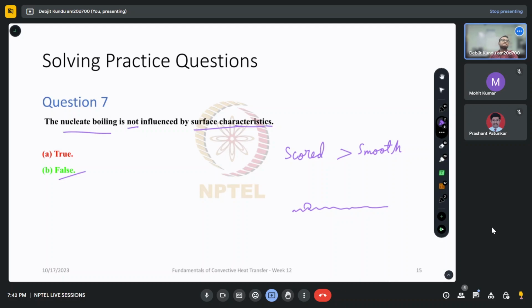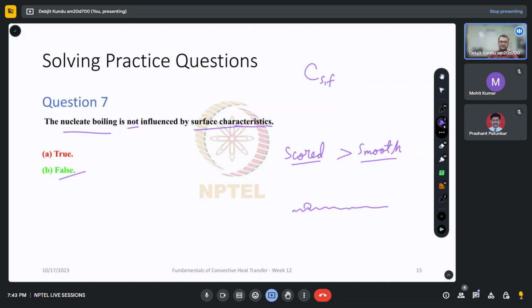Okay. Any questions on this? Yes, please go ahead. In the calculation of the heat transfer coefficient or the heat transfer rate, one of the parameters was the C_sf, the constant that decides the surface and fluid characteristics. So that could also be one of the justifications for this question. Yes, this C_sf captures the effect of being a scored or a smooth surface.